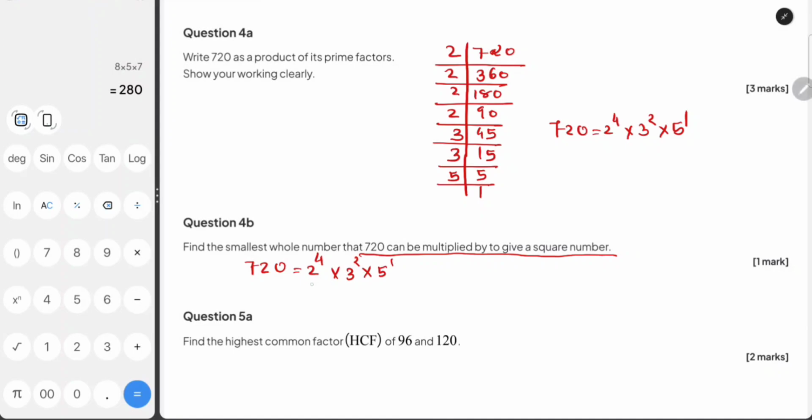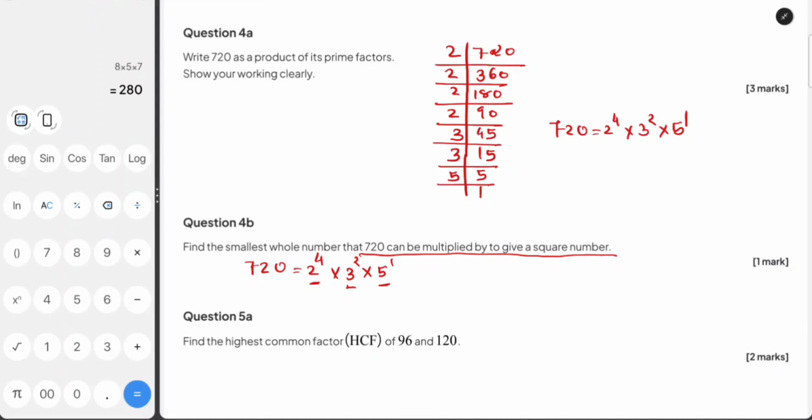So here you see 2 raised to 4, it's even power, 3 raised to 2 even power, but there is 5 raised to 1 only. So you will have to multiply something with this to make the power of 5 even, and the other two factors, 2 and 3, must stay as they are.